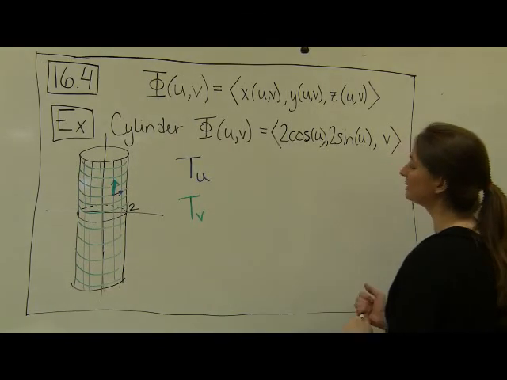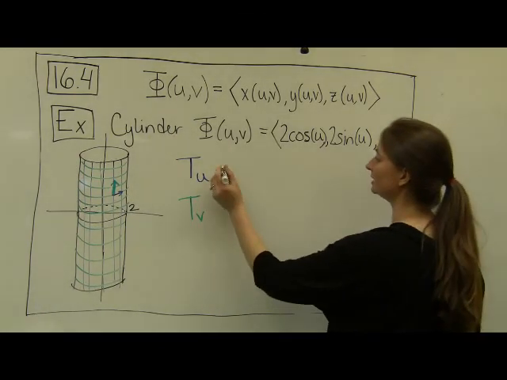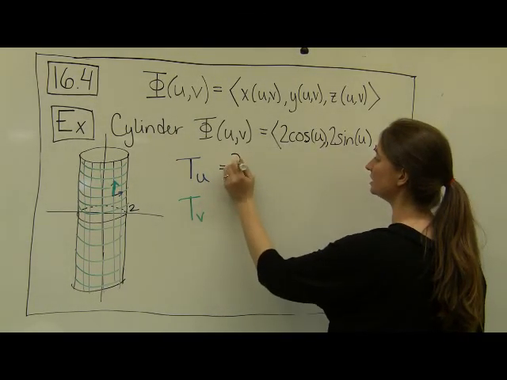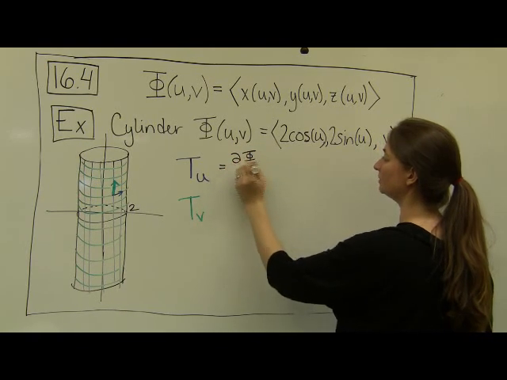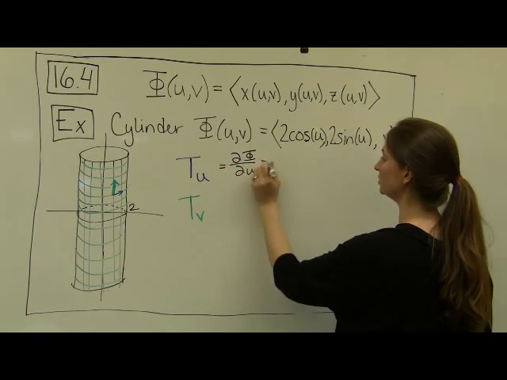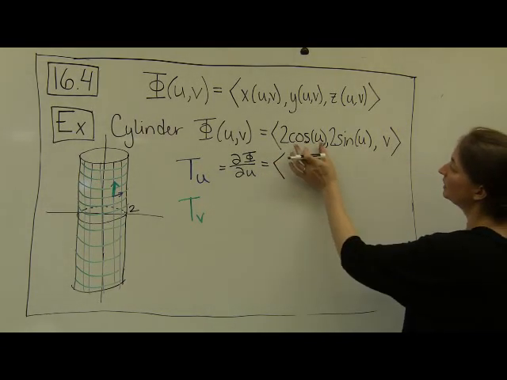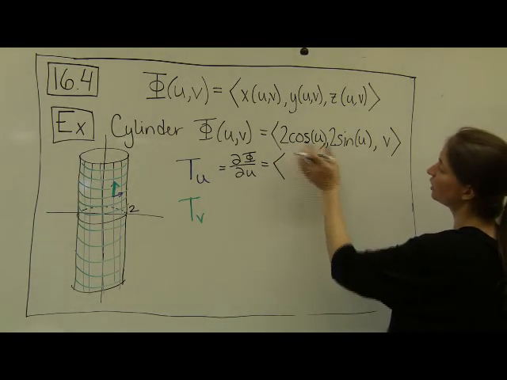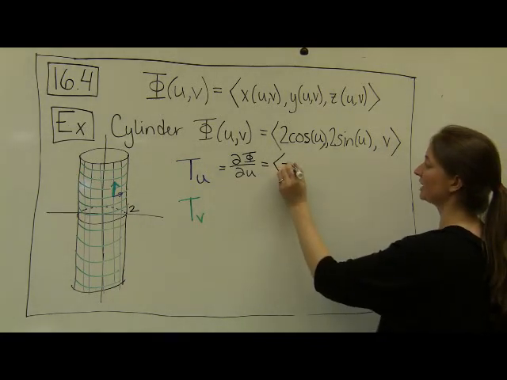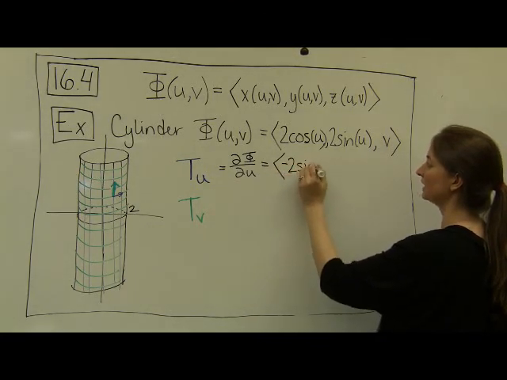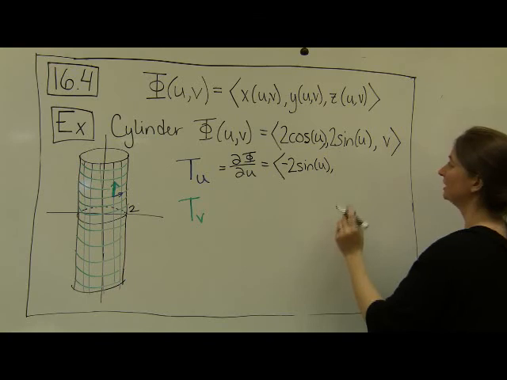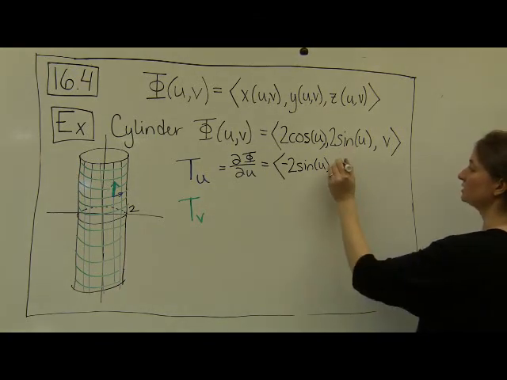Regardless, it's pretty straightforward to compute this algebraically. Recall that this is just going to be the partial derivative of our parameterization with respect to u, which we can take. We know that the derivative of cosine is equal to negative sine, so I get negative 2 sine of u. The derivative of sine is cosine, so I get 2 cosine u.